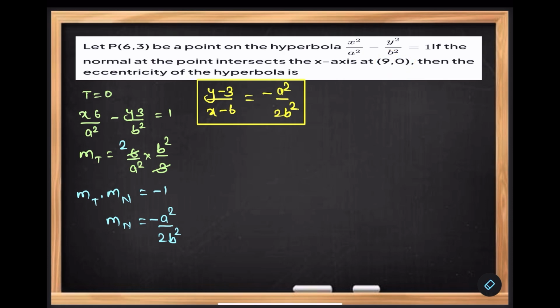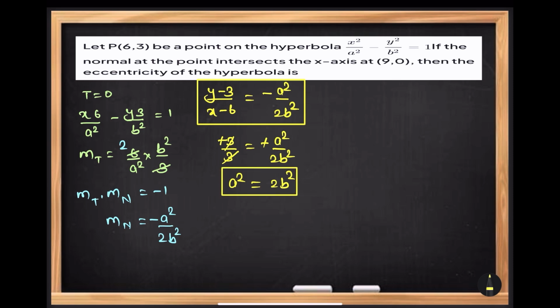So in place of y we will write 0. So we got minus 3 by 3 equals minus a square by 2b square. So can I say that we got a square equals 2b square. So we got this situation.